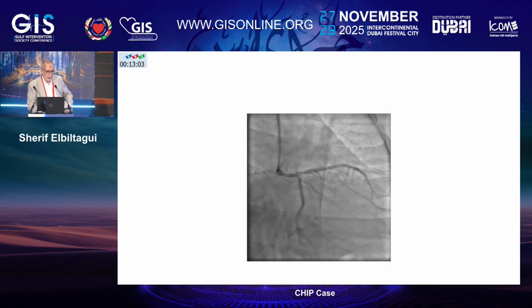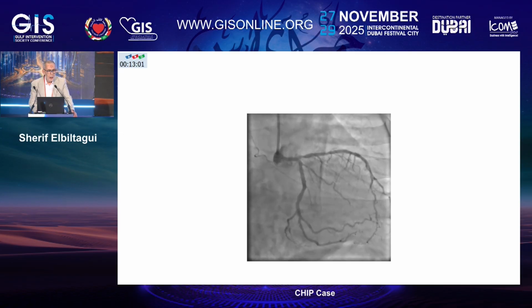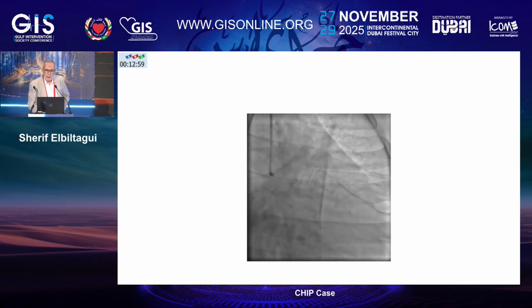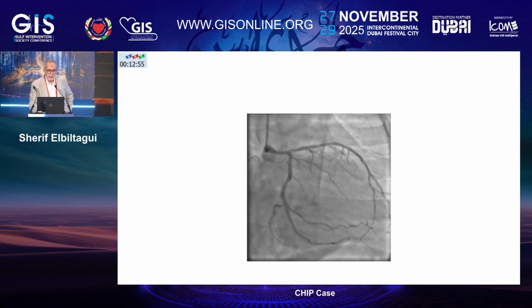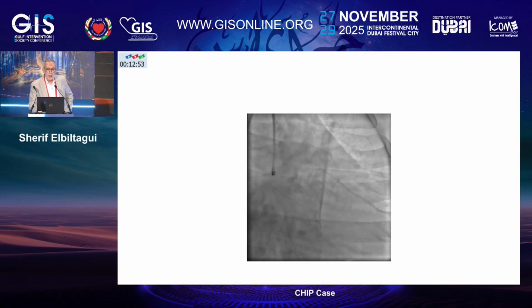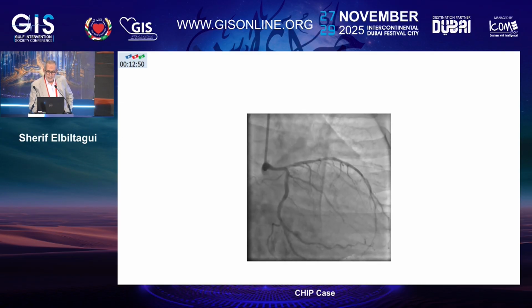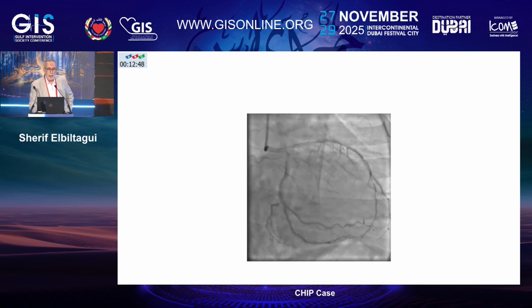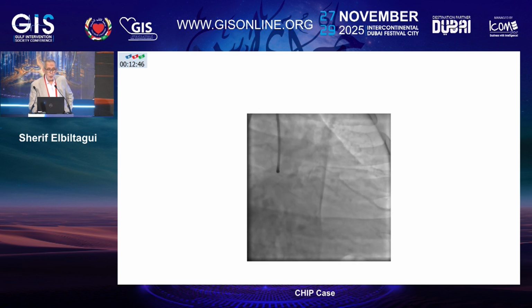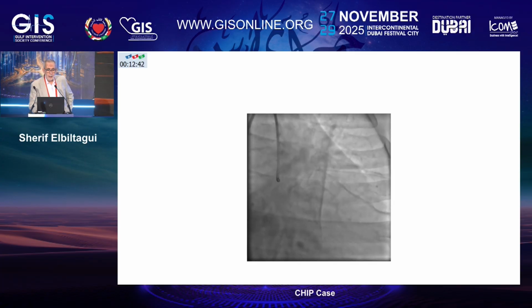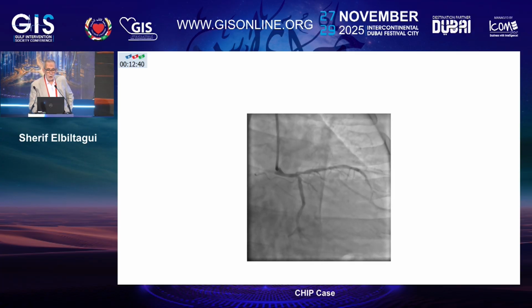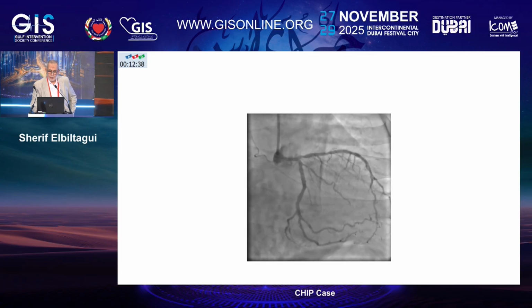This is his angio. As you see, a very large left main with an eccentric bulky plaque in the mid and distal segments of the left main, extending to the ostial LAD as well, with diffuse disease thereafter in the LAD and possible significant mid lesions.